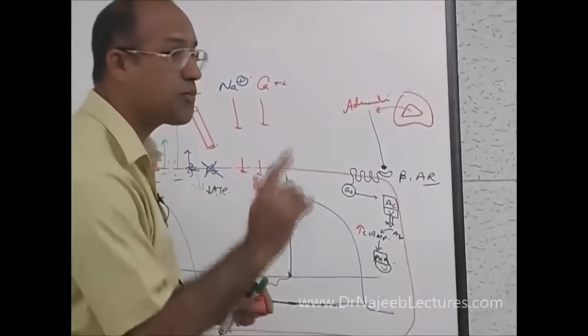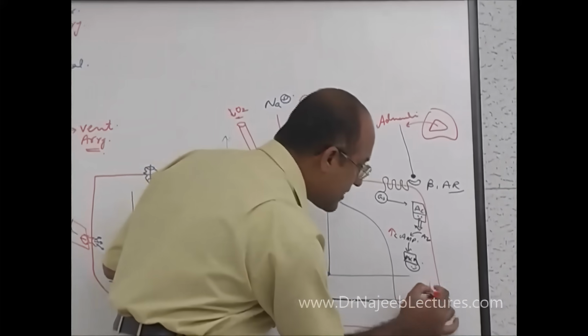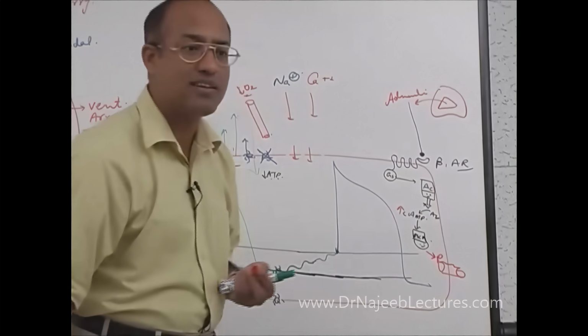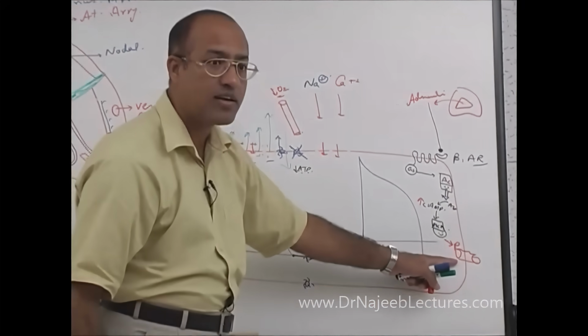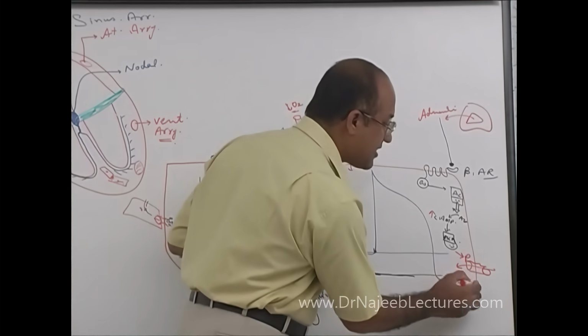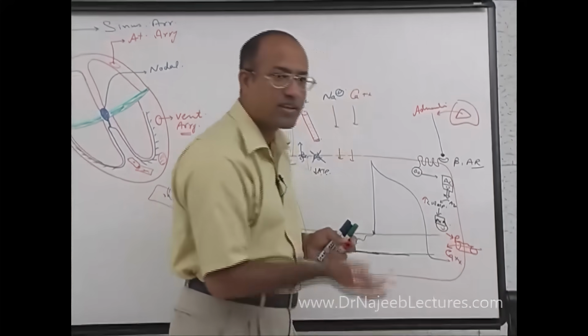One of the functions of protein kinase A is that it phosphorylates some of the calcium channels, and when these calcium channels are phosphorylated, more calcium will come in and the cell will become further loaded with cations.